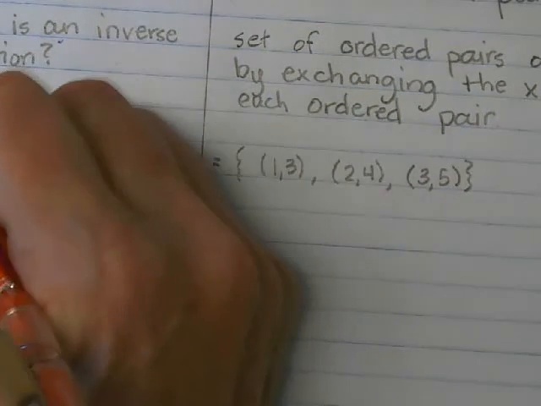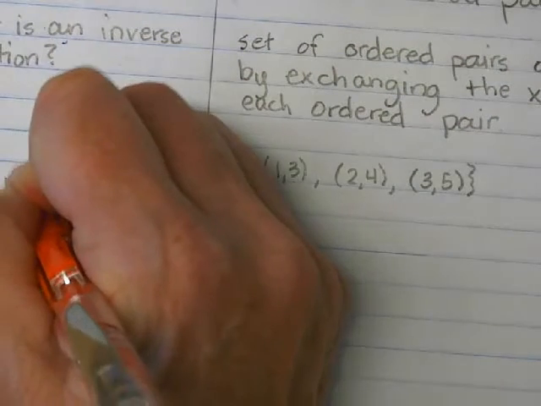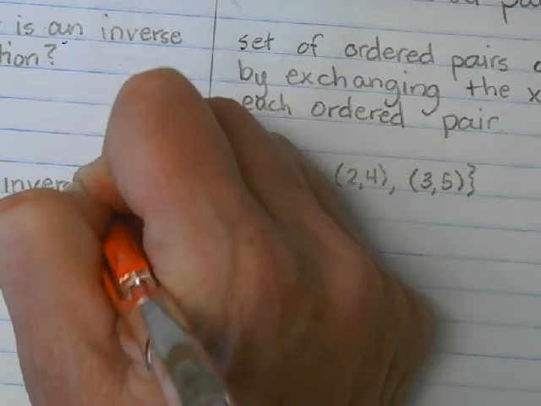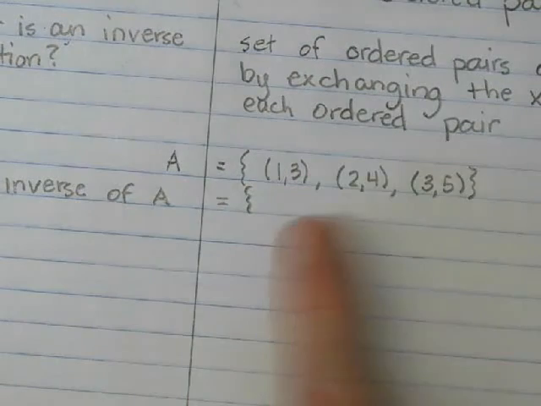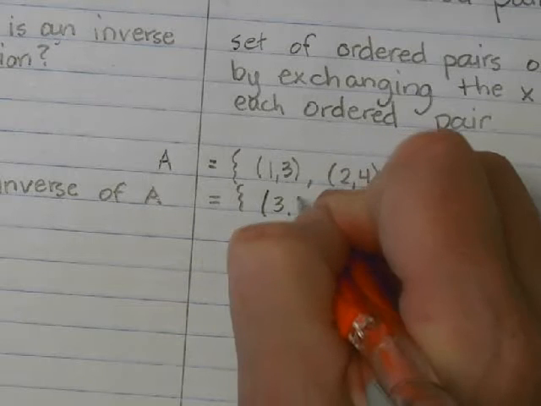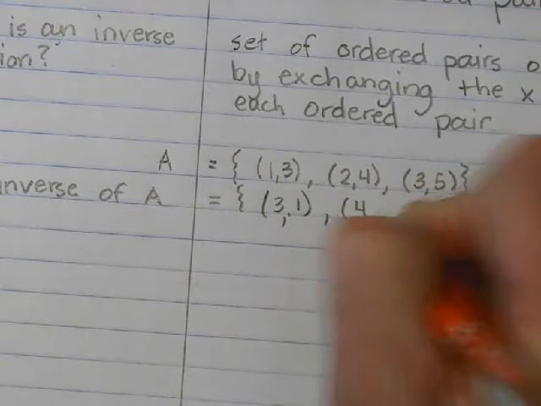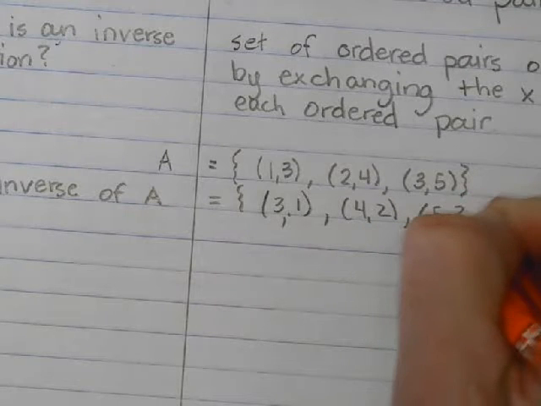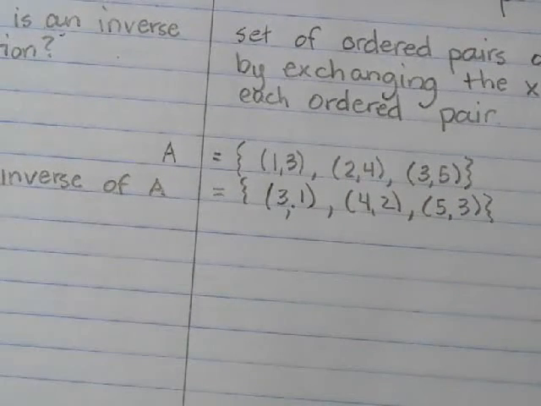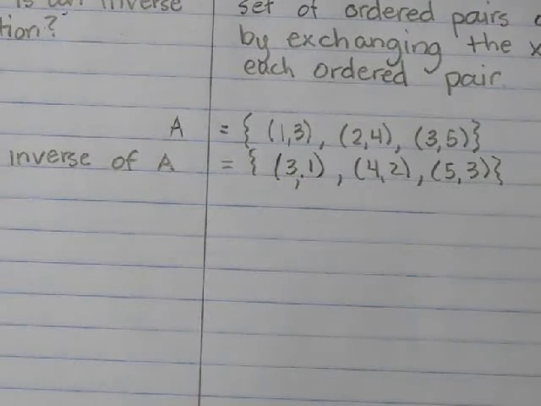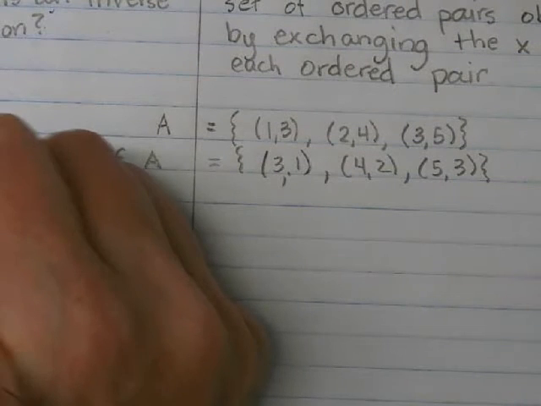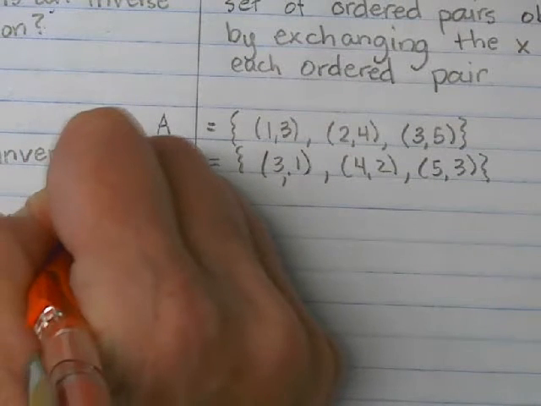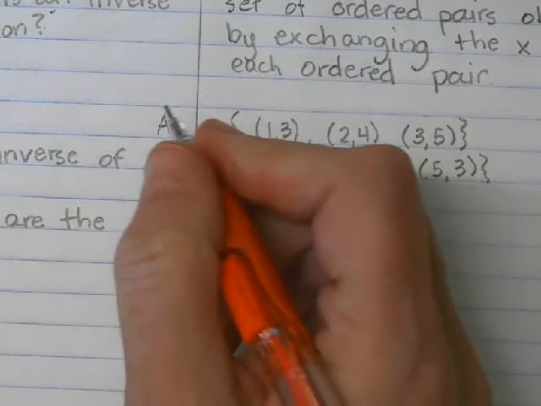If I asked you to find the inverse of A, and a lot of times we'll just write inverse of A, all we do is we switch x and y. 3, 1, 4, 2, 5, 3. It's literally that simple. Now, one thing that I want you to think about is how is the domain and range of a function and its inverse related? And this is going to be a big deal.